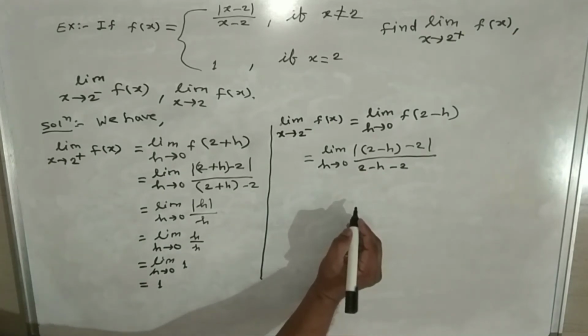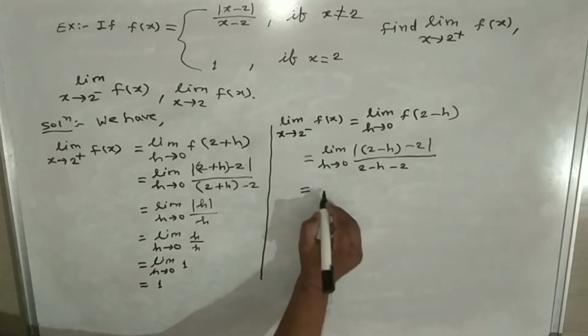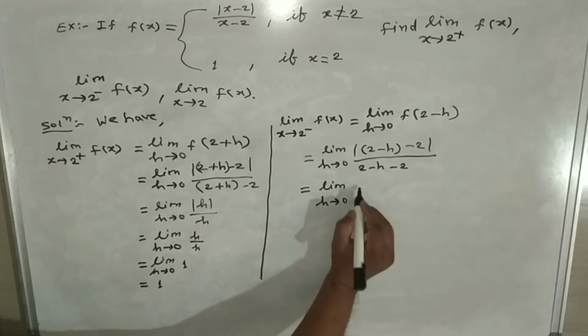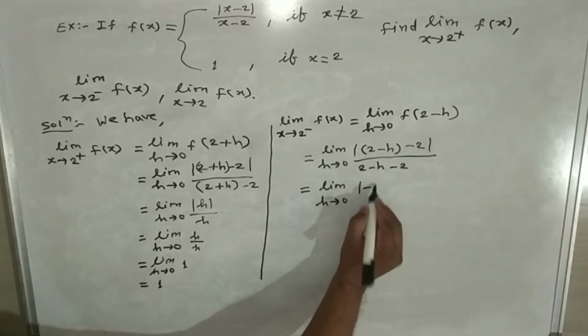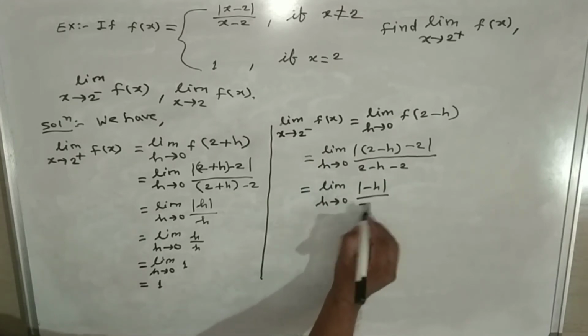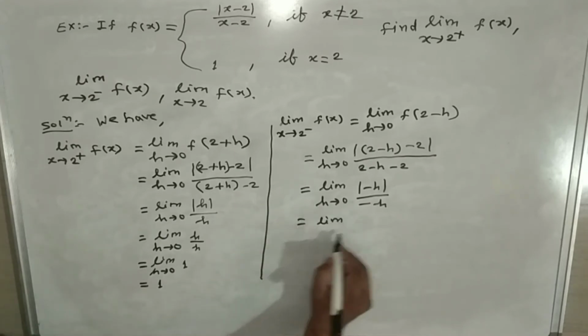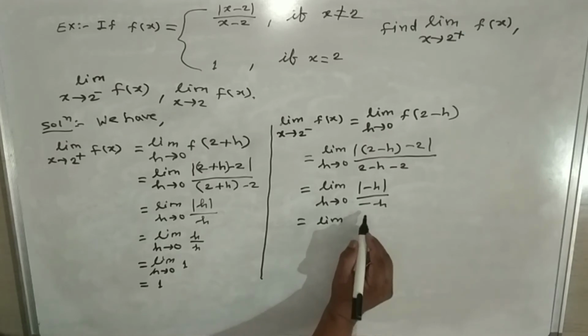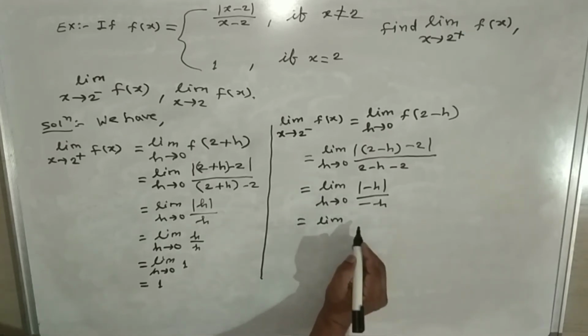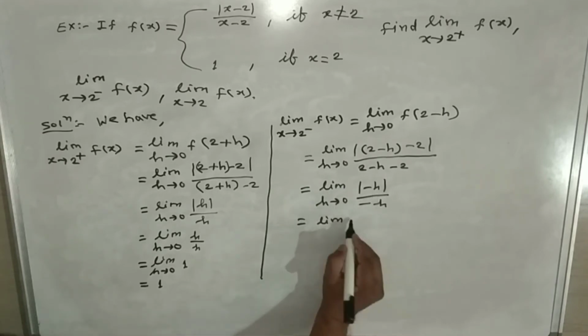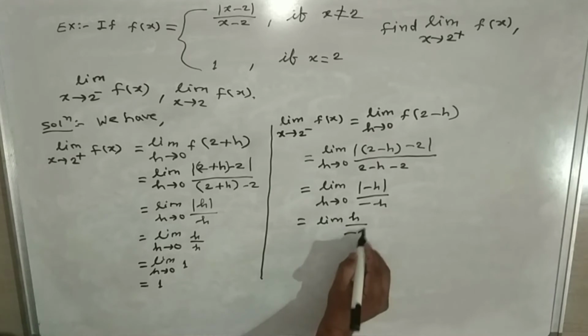What do you get? Limit as h tends to 0, 2 will be cancelled, mod minus h divided by minus h. So again this is equal to the limit of mod minus h, which is h, divided by minus h as it is.